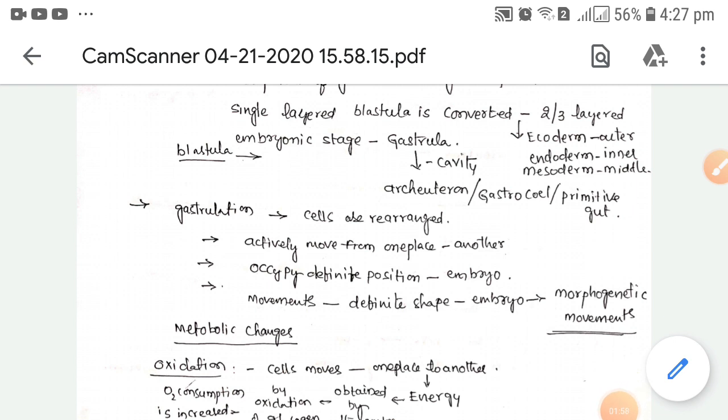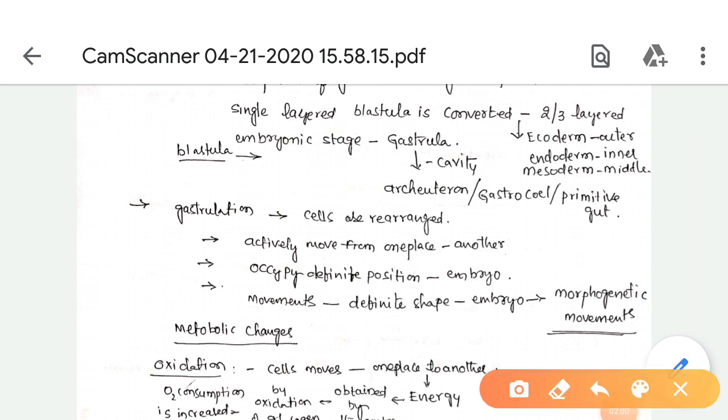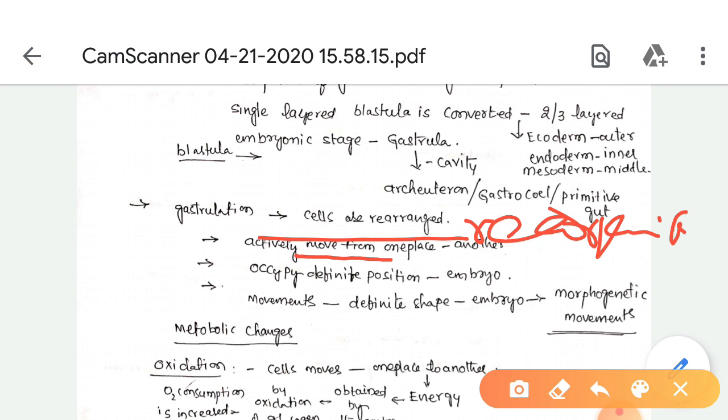During gastrulation, the cells are completely rearranged and reorganized. These cells move very actively from one place to another, and they occupy a definite position in the embryo.